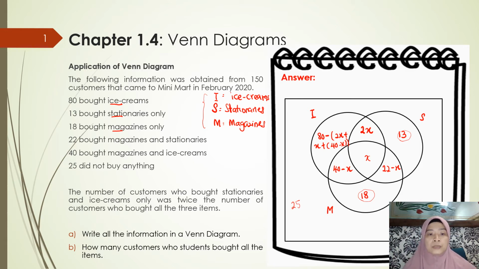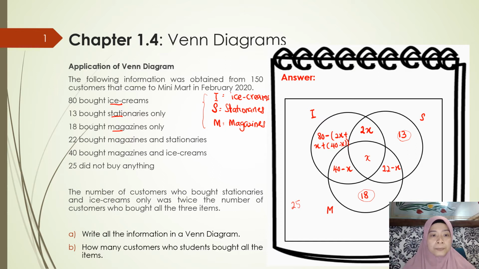Okay, so next, why do we write down x here? Because we did not know how many customers bought the 3 items. We don't have that information, so the best way is we let that part be x.